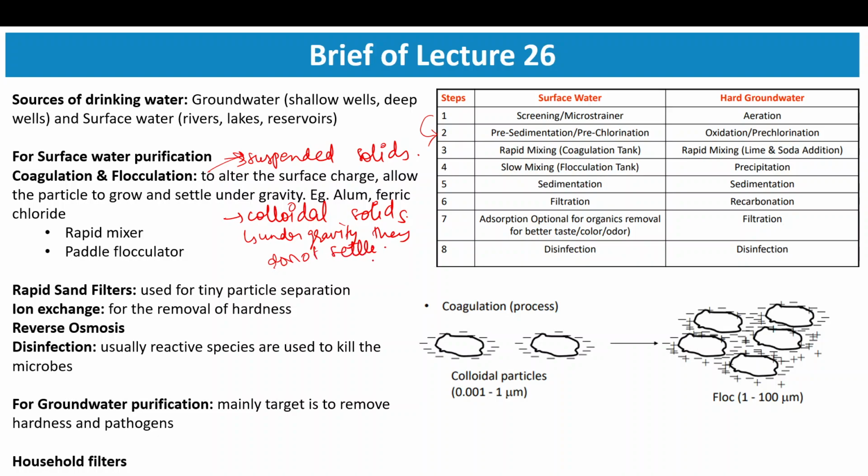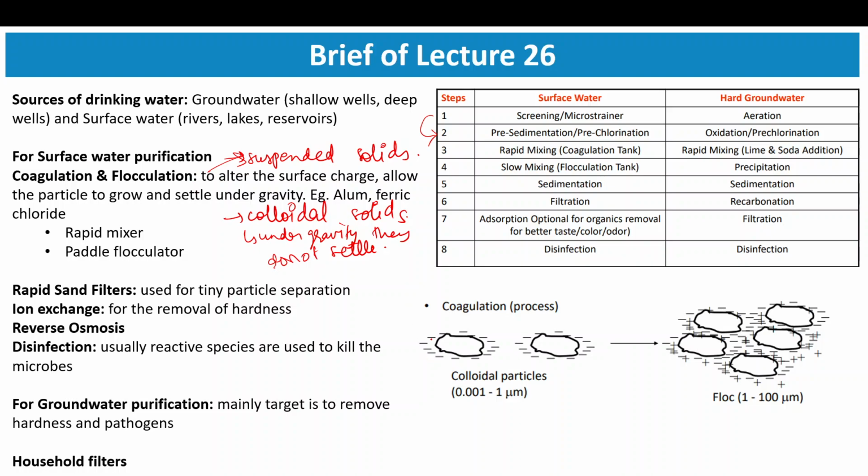Colloidal particles do not settle under gravity, so for that we can increase the particle size. How can we increase the particle size? Let's understand what colloids are and how we can increase the particle size so that we can settle them down. The process that we use for that is coagulation and flocculation.